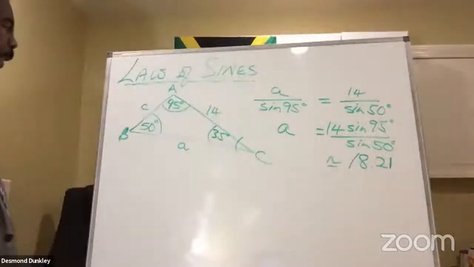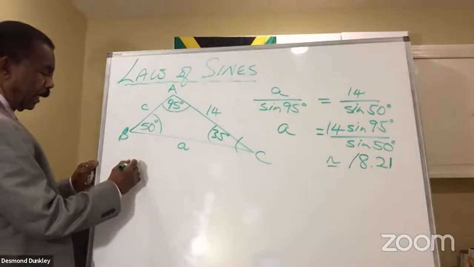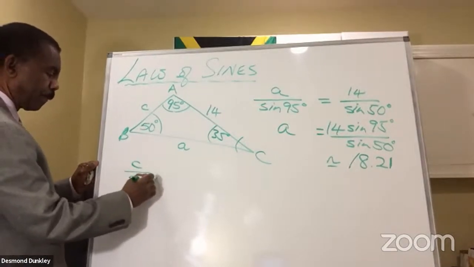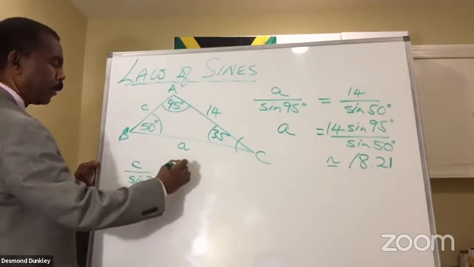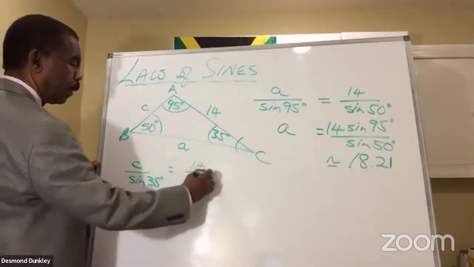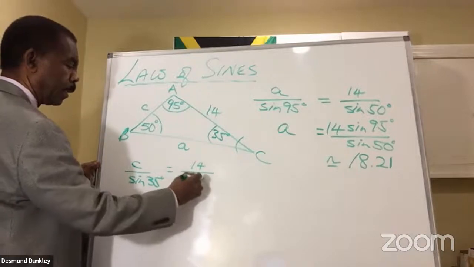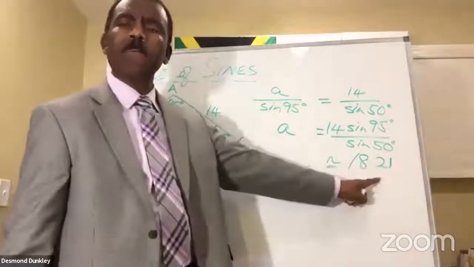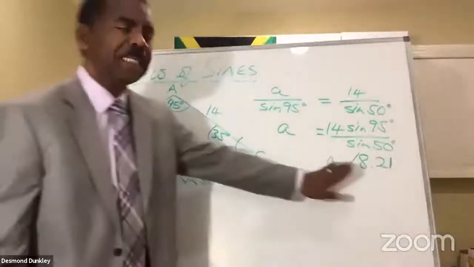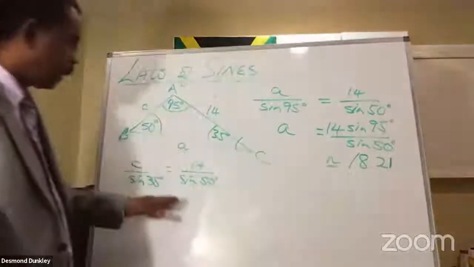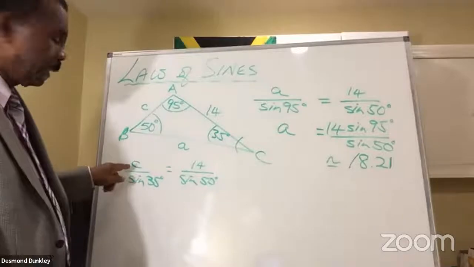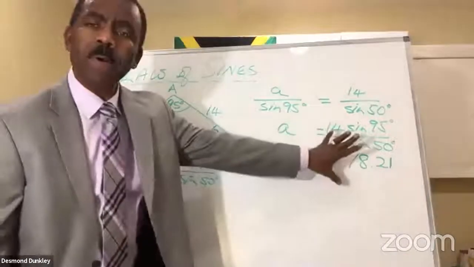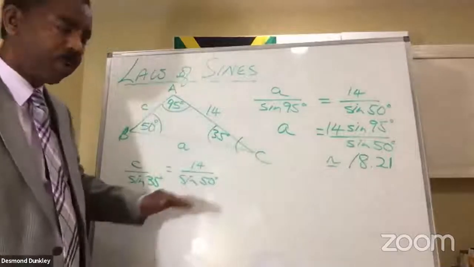Let's go and find C. Well, C over sine 35 is equal to 14 over sine 50. Notice I did not use the 18.21, because if I made a mistake with this and I put it here, I would end up making a mistake for C. So if I can find C without using this number, then this is a safer way to go.